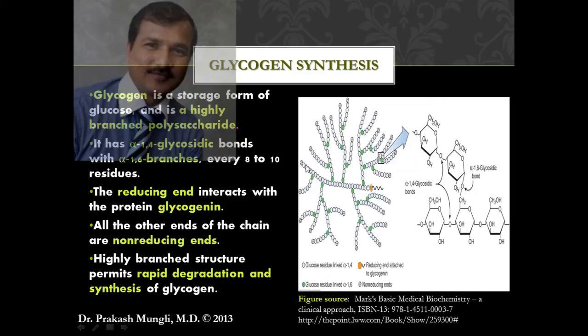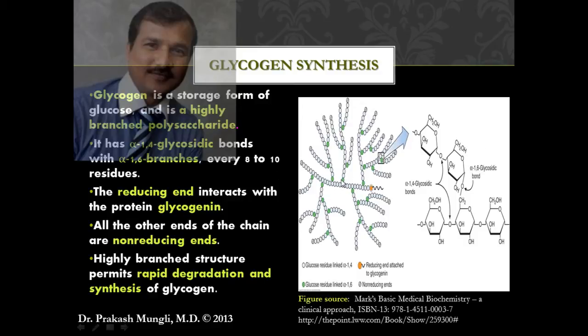As you can see here on the left-hand side in this picture, glucose residues are attached by alpha 1,4 glycosidic bonds, and there is a branch point here, and again a branch point here. Of course, in this picture you won't be able to make out that every 8 to 10 glucose residues there will be a branch point.